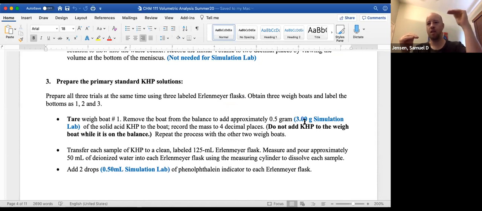But they up the concentration of the sodium hydroxide in the simulator, so we need to up our KHP value for the simulator. If you don't pay attention to that, then it'll take like a drop of base to hit the endpoint, which is not going to give you much in the way of information, right?